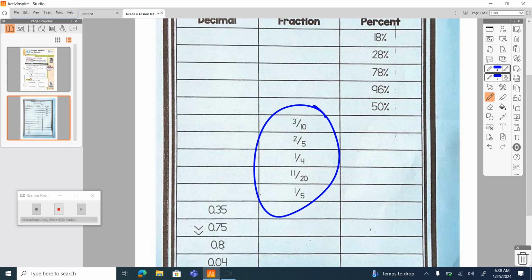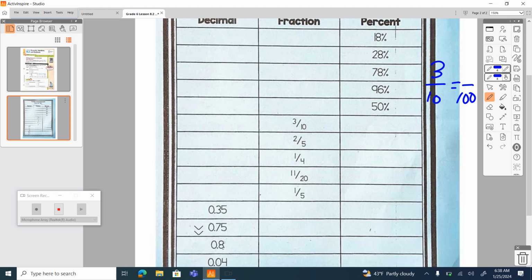If you watched the last video I made, which was 8.2, the lesson, I talked in that video about how you could take each of these, like 3 over 10, and set it equal to a fraction with 100 as the denominator.